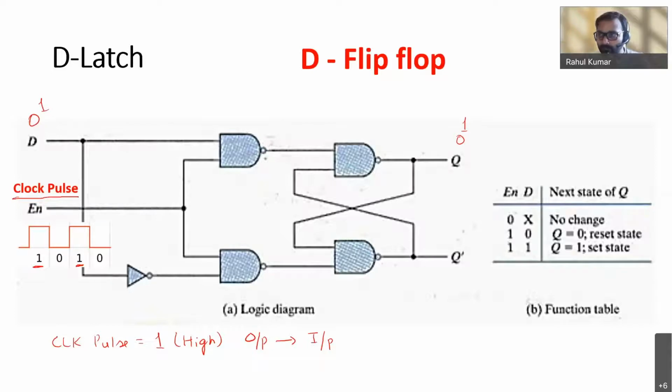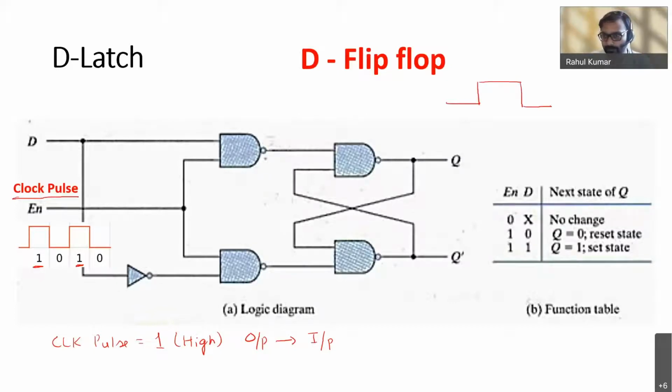Right? So now we can synchronize the D latch and make it work as a flip-flop. However, there is a problem. If you directly use D latch as a flip-flop, there is a problem. Okay. What is the problem? So the problem is, let me amplify this clock pulse.